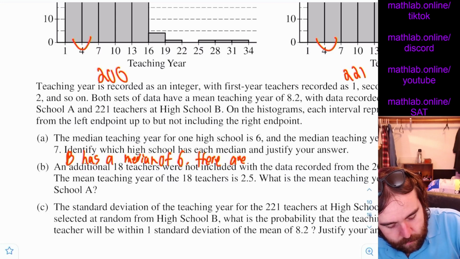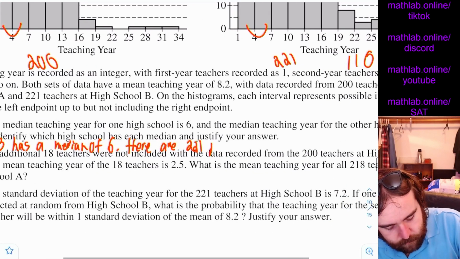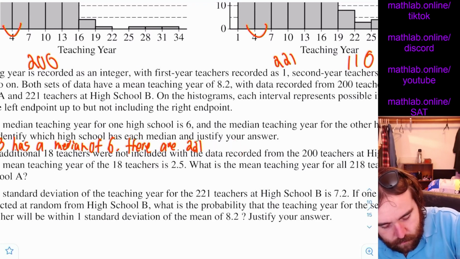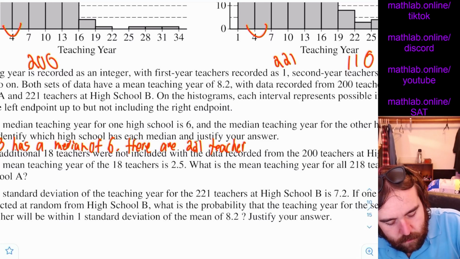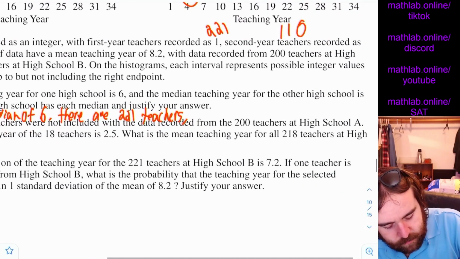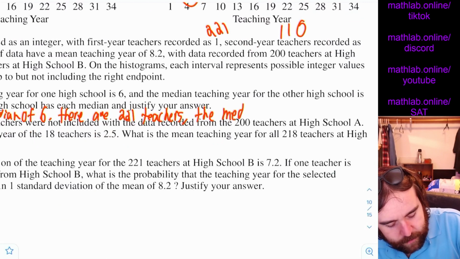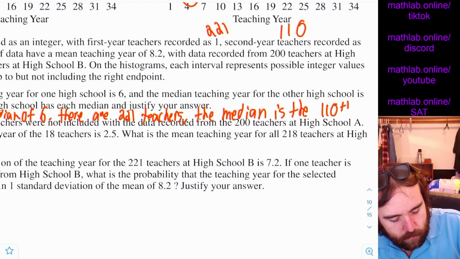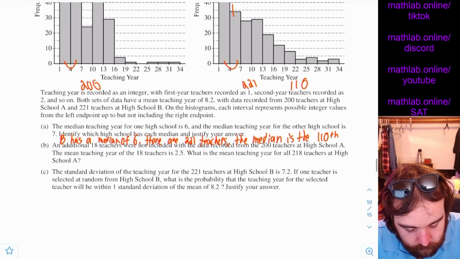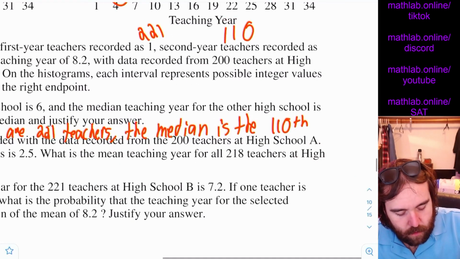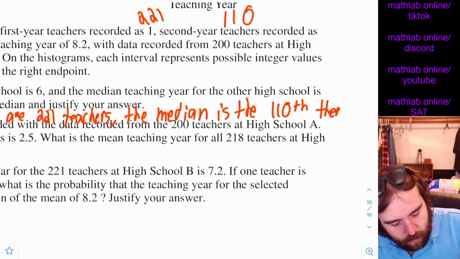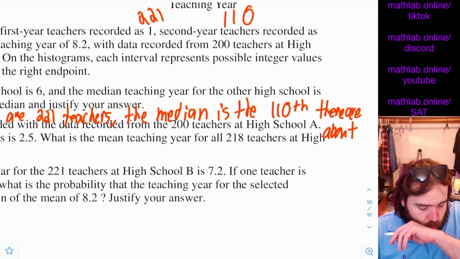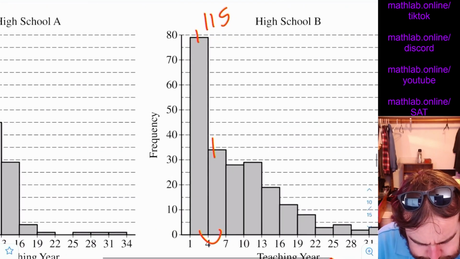There are 221 points, 221 teachers. There are 221 teachers. The median is the 110th. And is it more than 110?